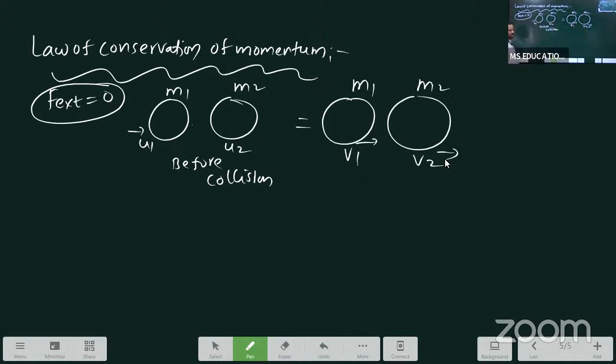Here, what is the meaning of conservation? It means constant, in the absence of external force. If we are not applying any force externally, if external force is 0, the total momentum of the isolated system, the total momentum of interacting particles, remains constant. That is the law of conservation of momentum.